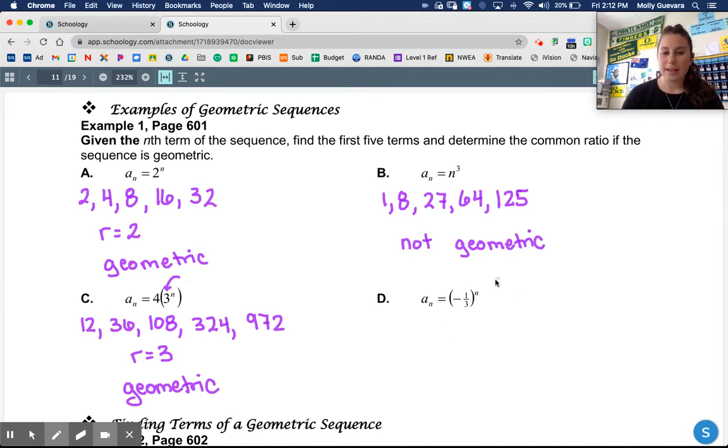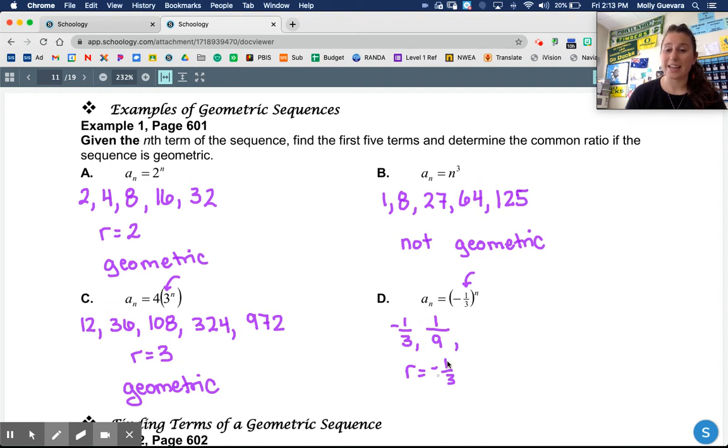Okay, and then the last one, if I plug in 1, negative 1/3 to the 1 is negative 1/3. If I plug in 2, negative 1/3 squared, I square the top, so negative 1 squared is positive 1, and 3 squared is 9. So I square the top and the bottom. I also can tell just by looking at it that my r is negative 1/3, meaning I'm multiplying by negative 1/3 every time.